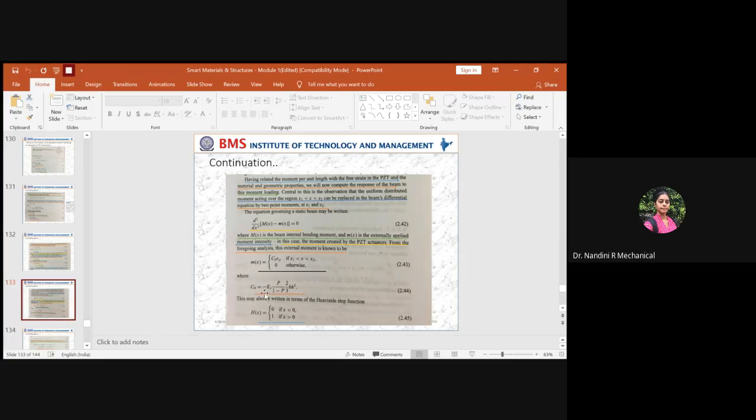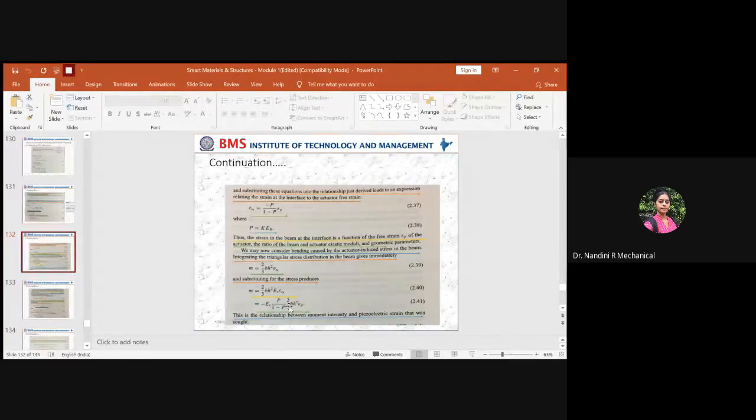Your E suffix S will be the elastic modulus of the structure into P upon 1 minus P, which we derived in the previous slide. So you already have this value: E_S P by 1 minus P into 2 by 3 b_S square, right?